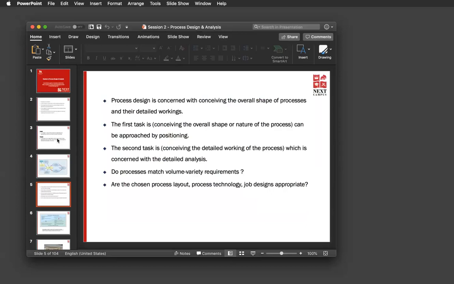We need highly skilled people to run a process which will deliver high variety products and high variety services, because there is an element of decision that has to be made within the process so that it delivers different varieties of the same product and service. So the volume and variety requirement is very important and should be taken into consideration when we decide to design processes.